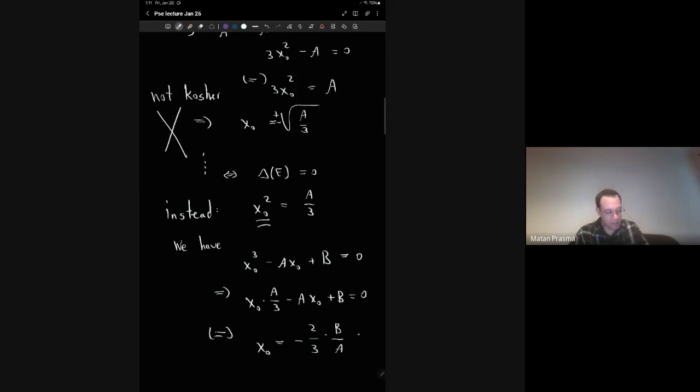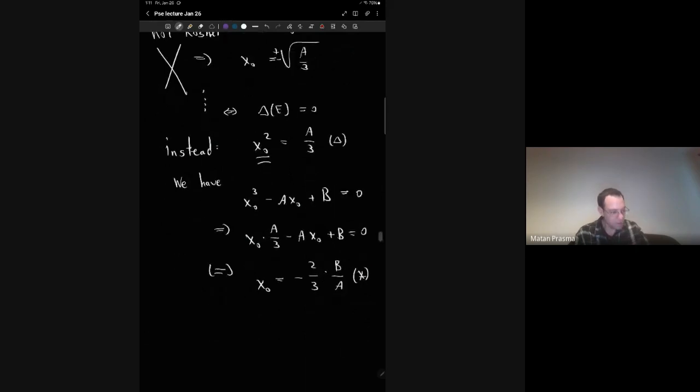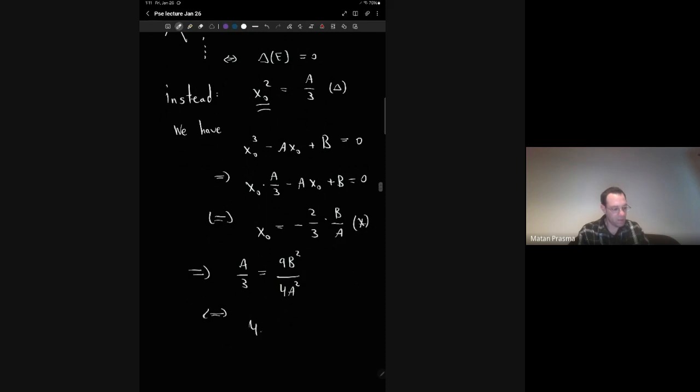Okay, and now I take this and I plug it in the equation x0 squared equals a over 3, and I get that a over 3 is equal to 9b squared divided by 4a squared, which is equivalent to saying that 4a cubed minus 27b squared is equal to 0.